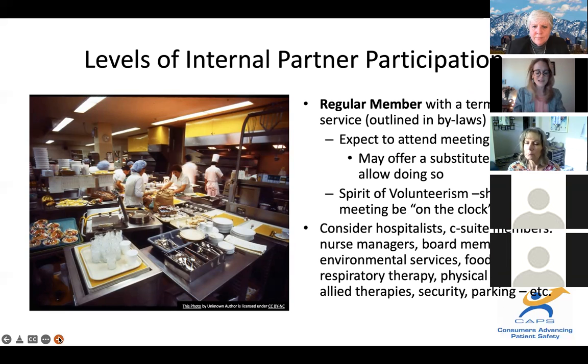At UNMH, we focus on, and personally, I believe in servant leadership. And I think that if you ask internal partners if they're interested in serving on your PFAC, that sets the tone from the very beginning. It lets them know that this is an act of service that we're doing for our patients. And then you're ensuring that they have this spirit of volunteerism.